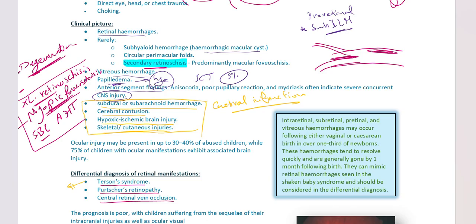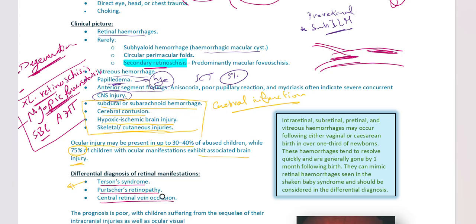I'm saying that because ocular injury is present in up to 30 to 40% of abused children. But 75% of these children with ocular manifestations show brain injury, which means that the ophthalmologist might be the first clinician to see the child.